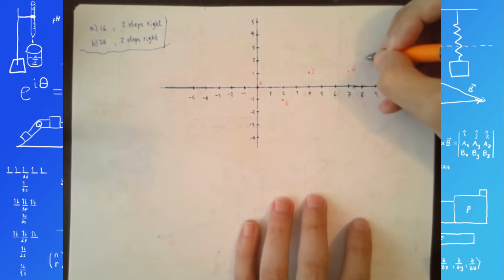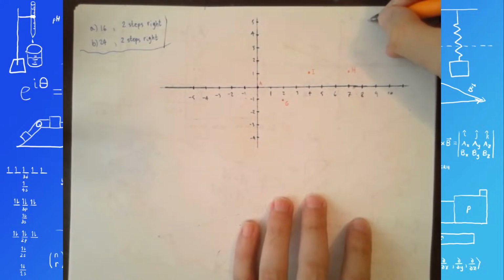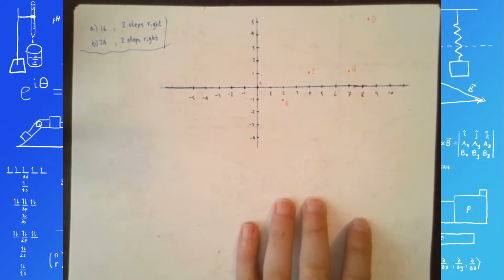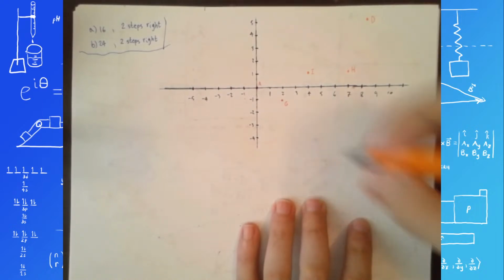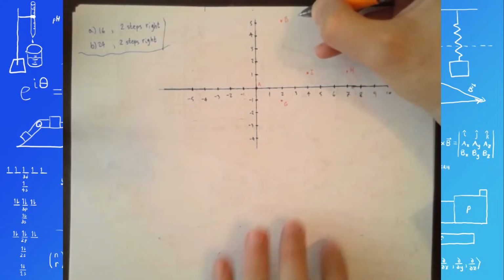So it's at 5, 8, something like that, so that's D. And then B is at 2, 5. So there's B.